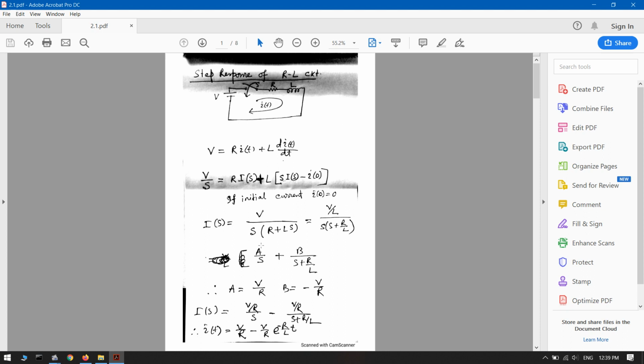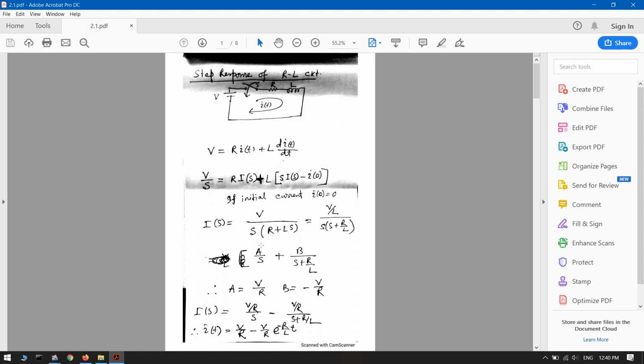If we do not consider the initial current, what will be the value of the current in s domain? That will be V by s into R plus Ls, isn't it?